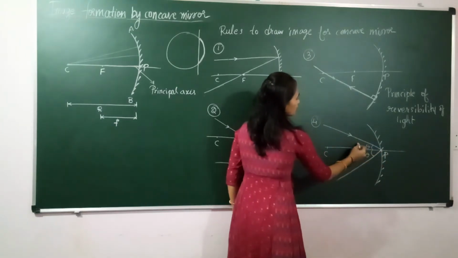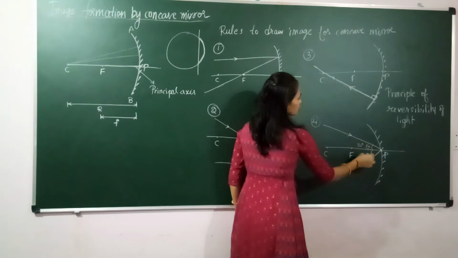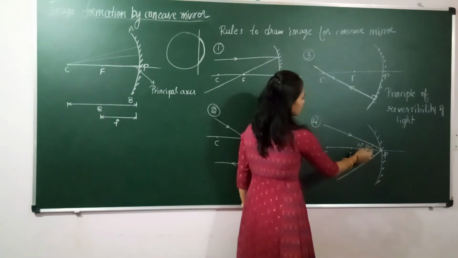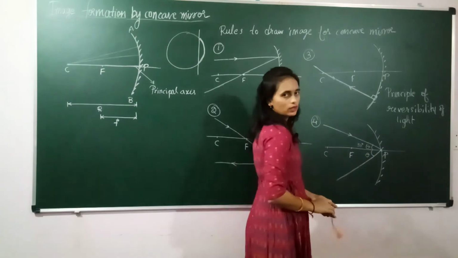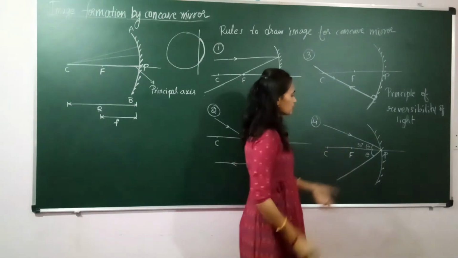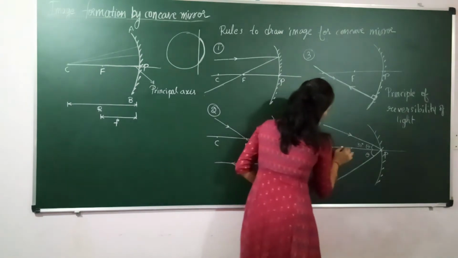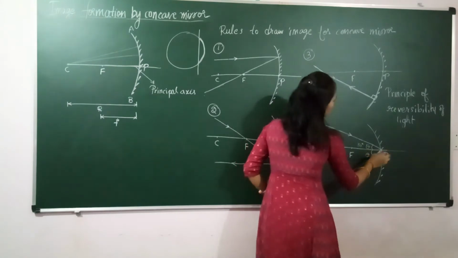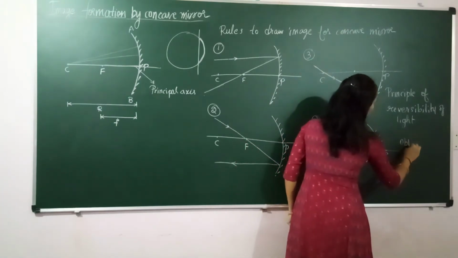Suppose here it is making a 30-degree angle, then the reflected ray also makes 30 degrees, because the angle of incidence and angle of reflection are always equal according to the laws of reflection. Here also the laws of reflection will apply, and this line will become the normal. And this one we will call oblique incidence.